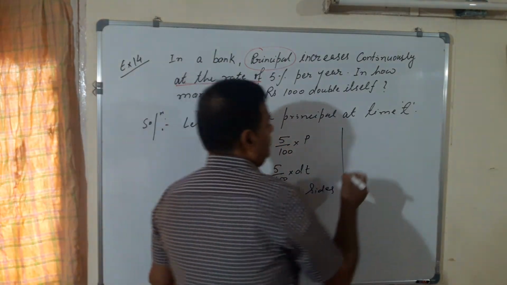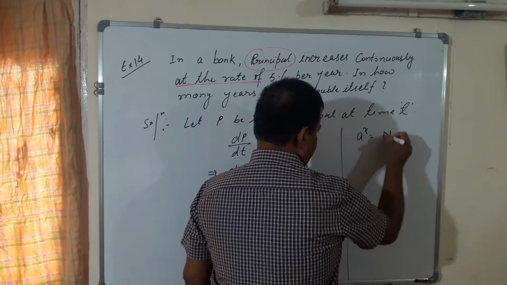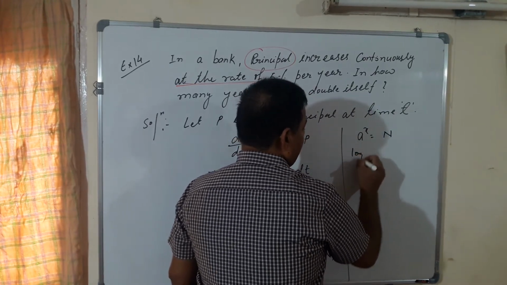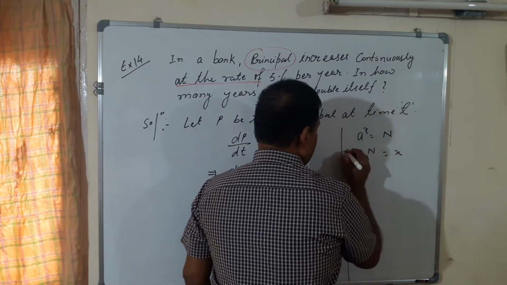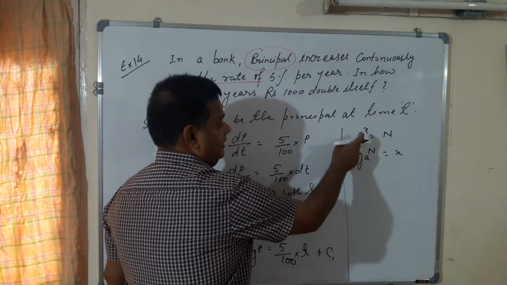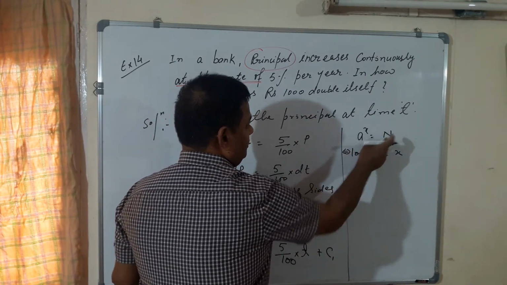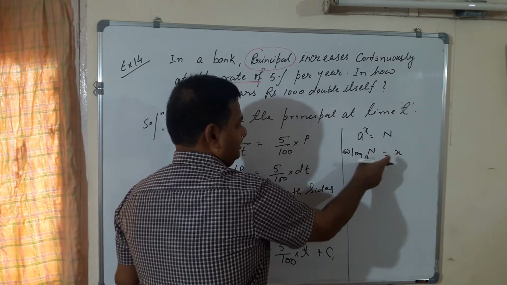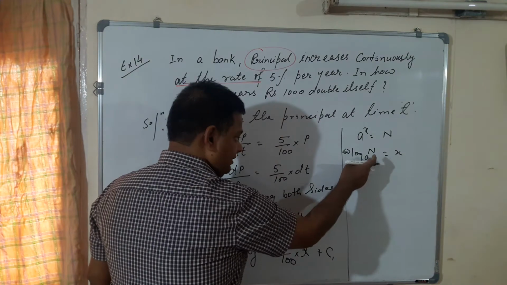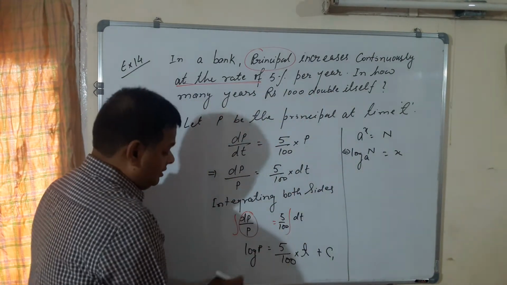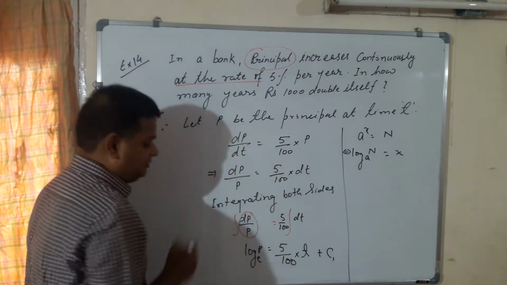You know the definition: if a raised to the power x equals n, then log n to the base a equals x. So if this one, we can write this one. Suppose here the base is e.